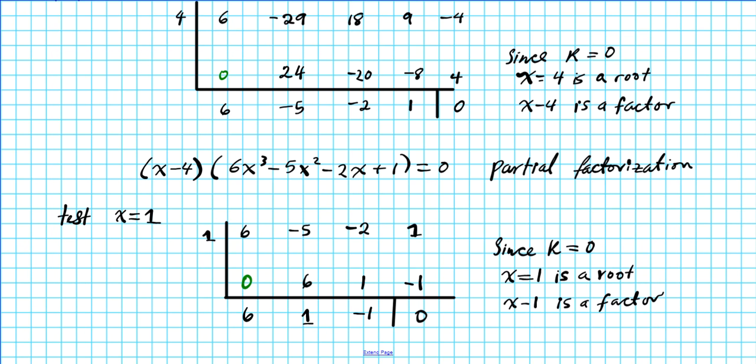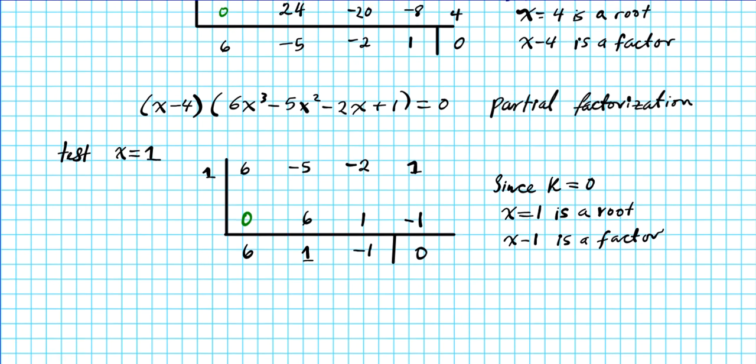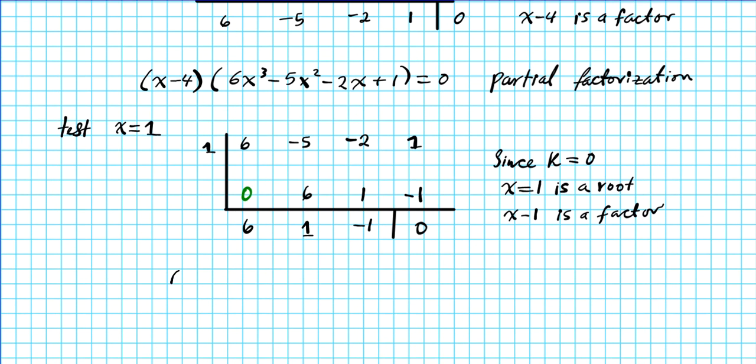Now let's go ahead and write down the partial factorization. We had x minus 4 before. We have a new factor, x minus 1. And our depressed polynomial is going to be 1 degree less than this depressed polynomial here. So it's going to be 6x squared plus x minus 1. Set that equal to 0.